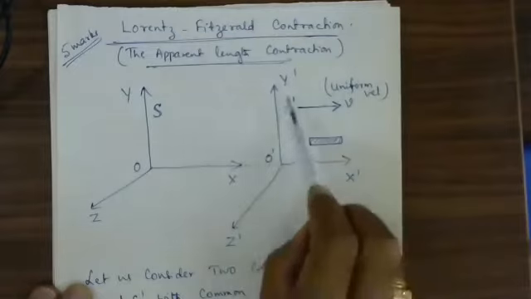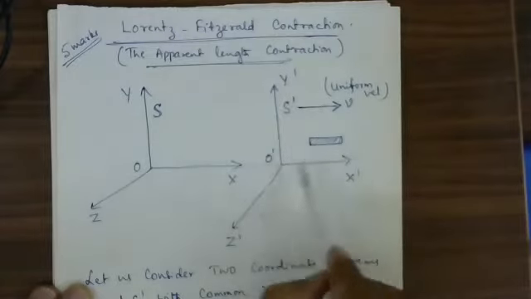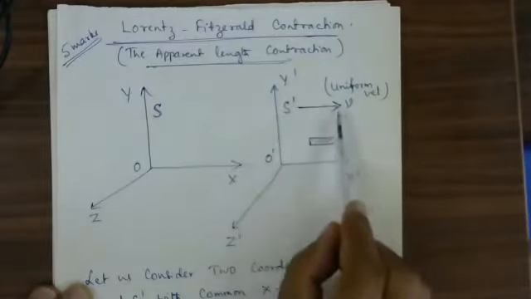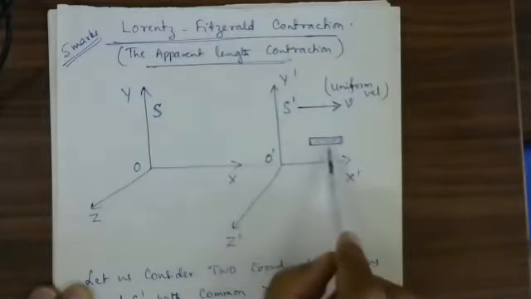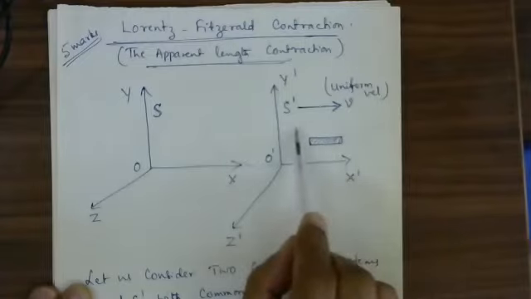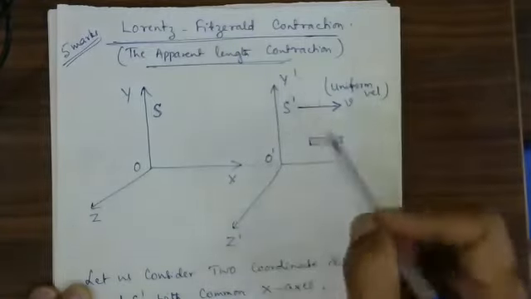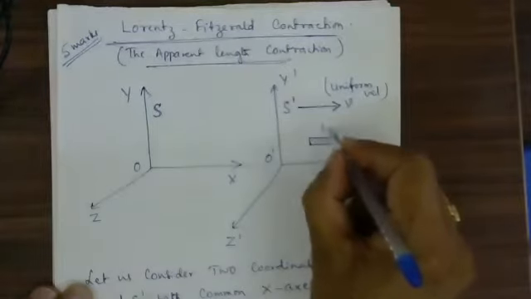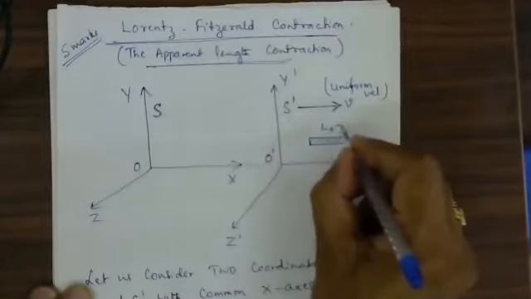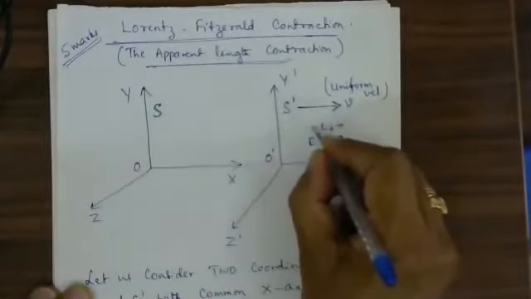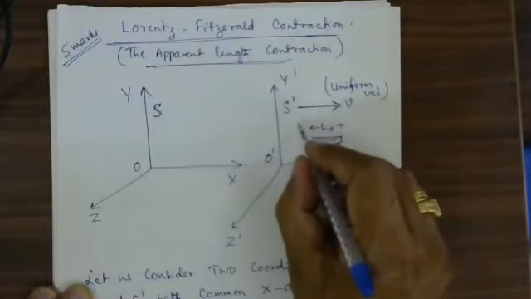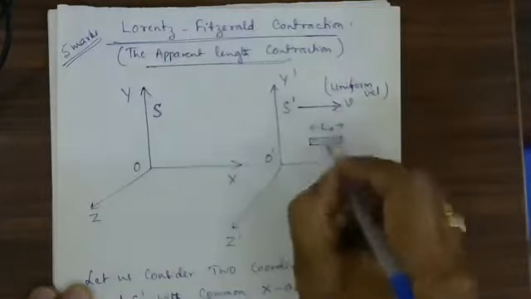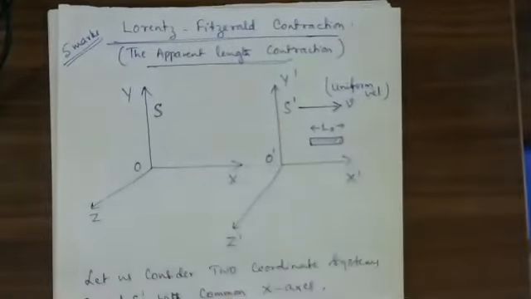For example, if this is a bus, inside the bus a passenger is there and one rod is there. Then for that passenger, this rod length is equal to L naught. This is called the proper length. For an observer stationary with respect to the rod, whatever length appears is called the proper length.